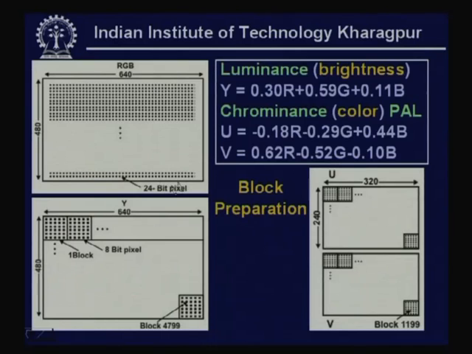However, before performing any compression approach, I mean before performing any operation, it is converted into luminance and chrominance components. The reason for translating RGB to luminance and chrominance is our eyes are more sensitive to luminance than chrominance.